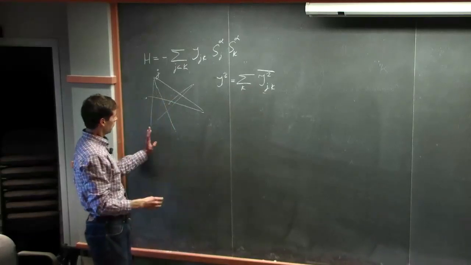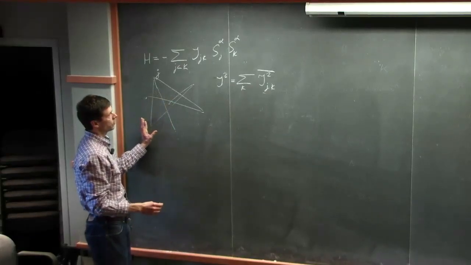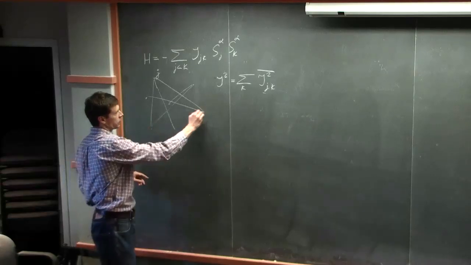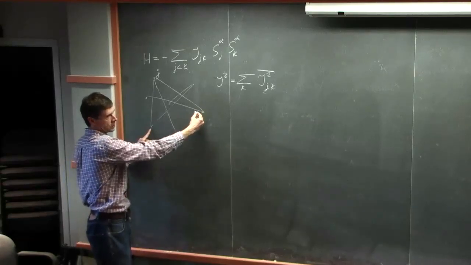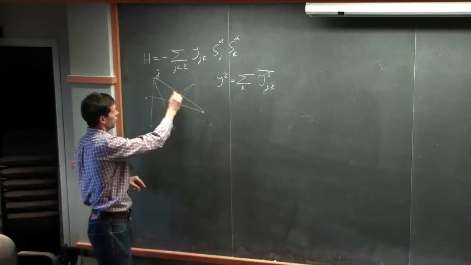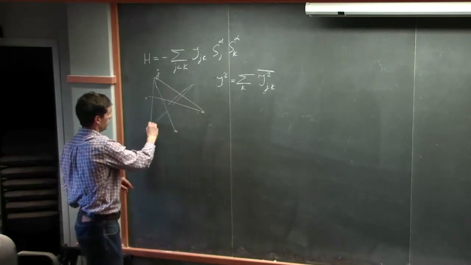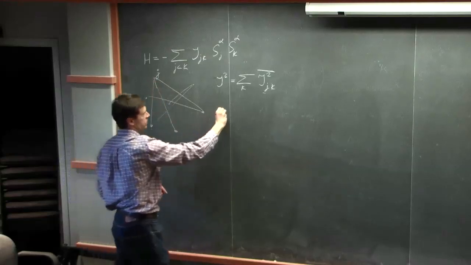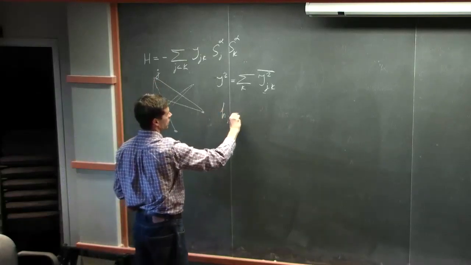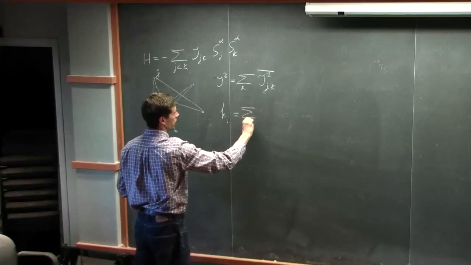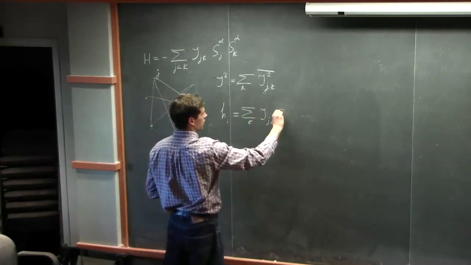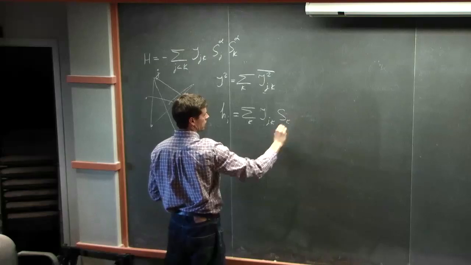We can approach this problem in the following way. At finite temperature, spins fluctuate, and the neighbors of j exert some force on j, which is this: H_j is the sum over k of J_jk S_k.